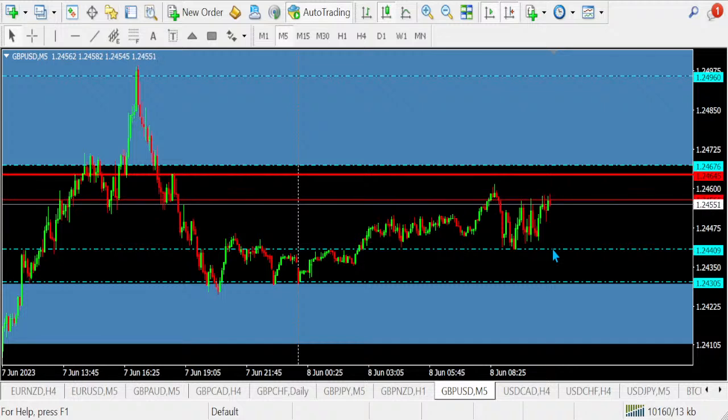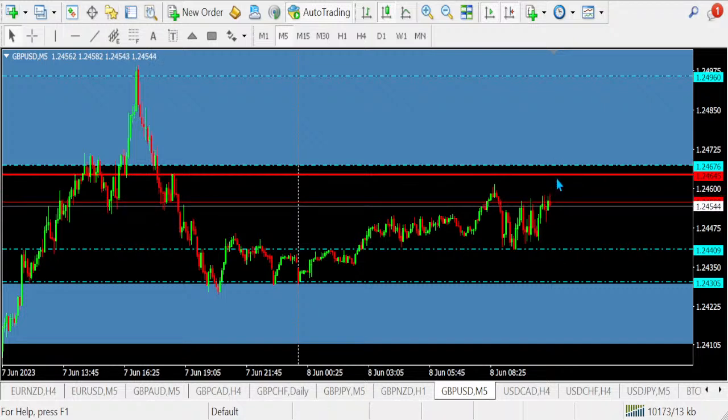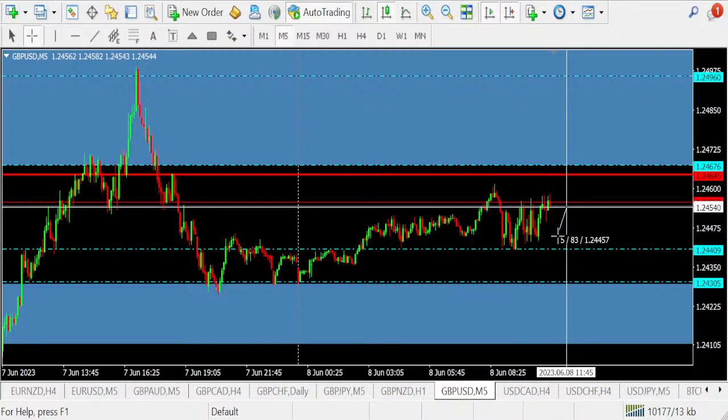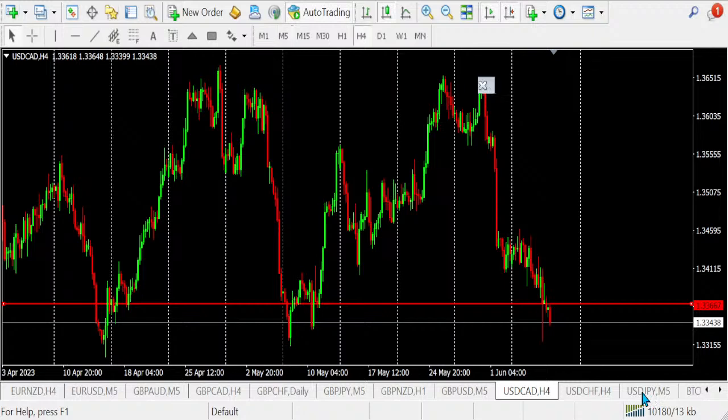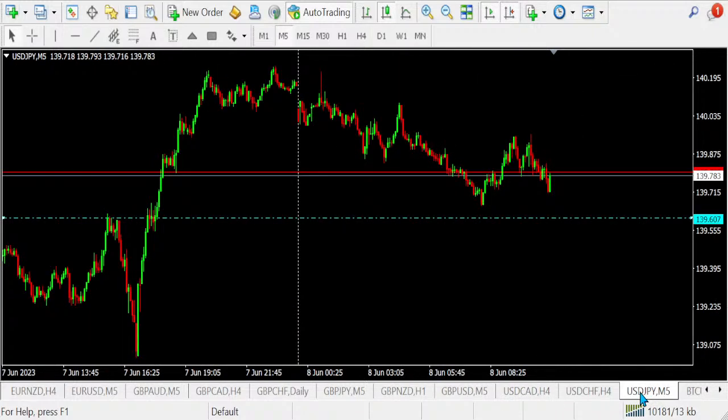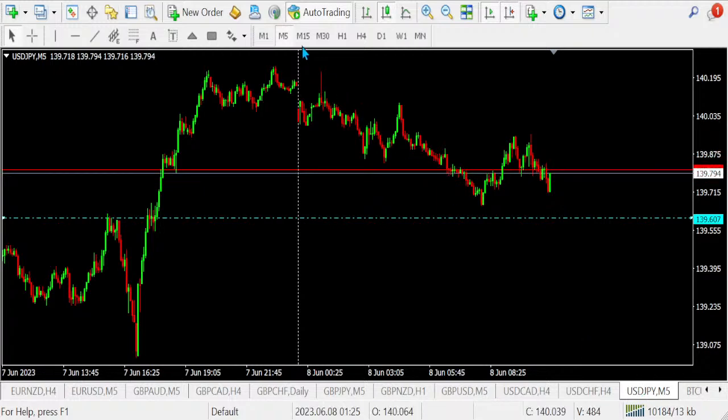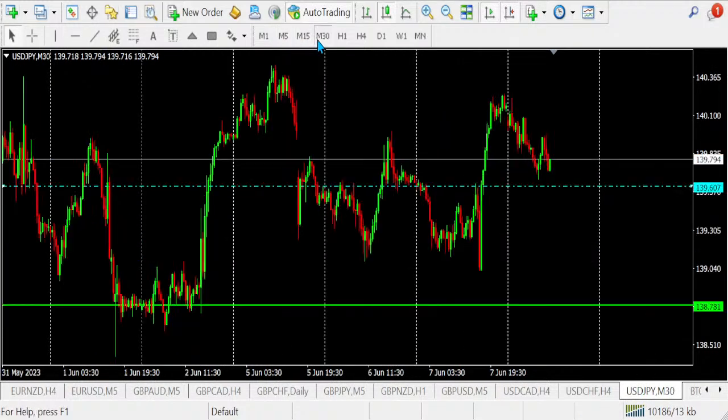Looks like still hovering around this area here. What about the dollar yen? Dollar yen waiting for retesting. I think dollar yen may have a chance to sell down.